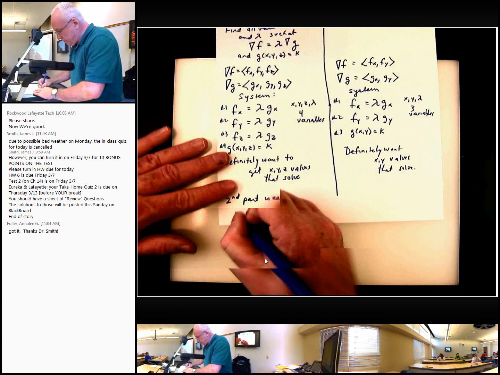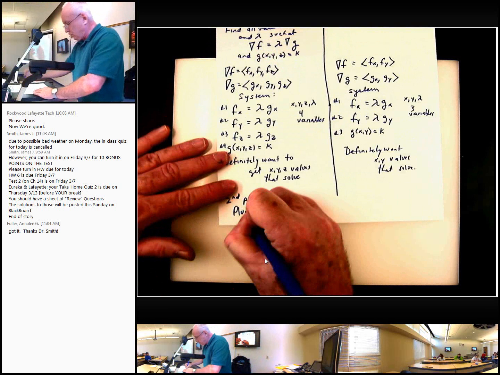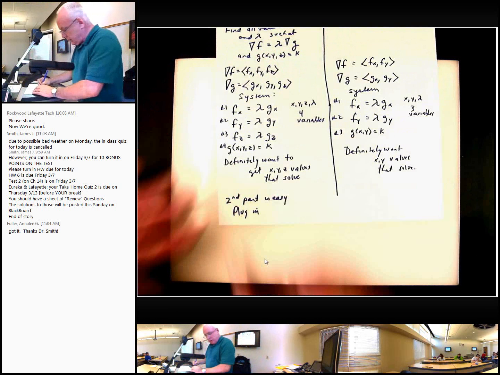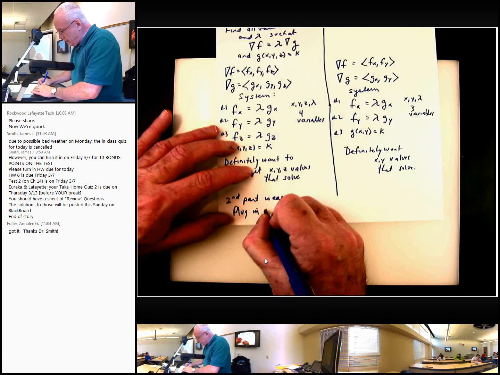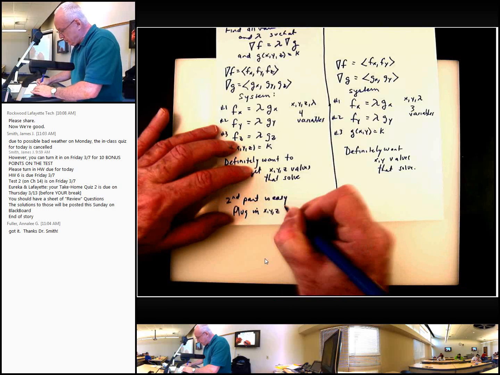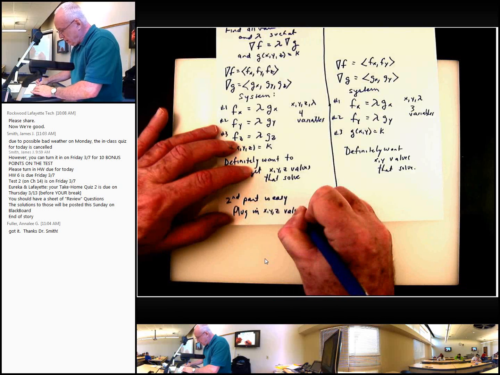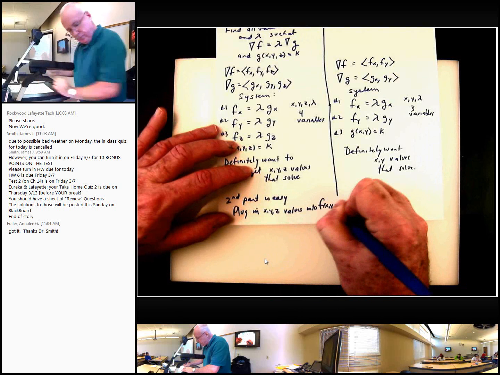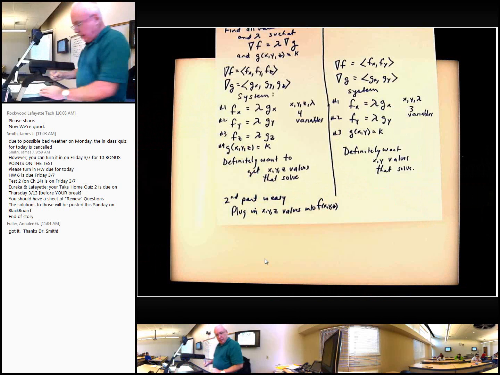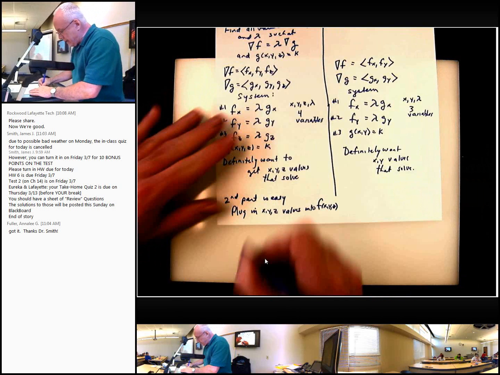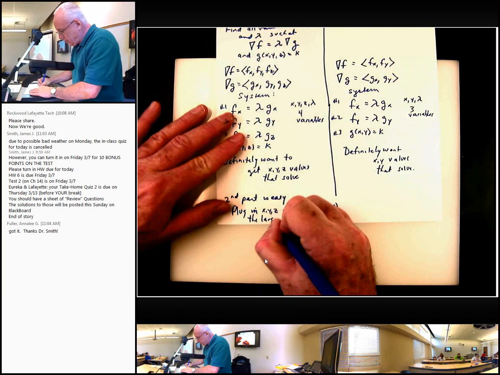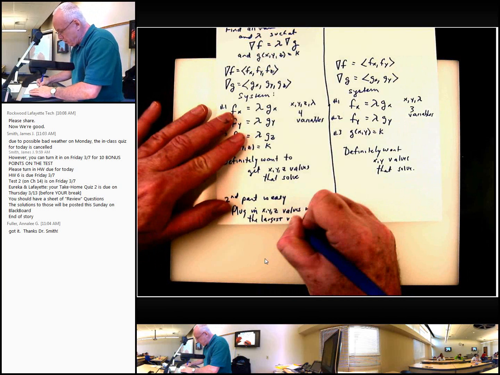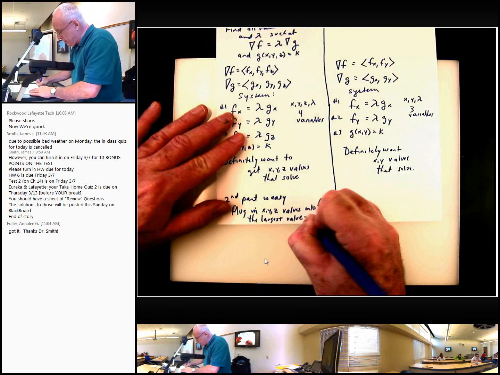Plug in, so this is for 3 variables. Plug in the x, y, and z values into f of x, y, and z. The largest value equals the max value.